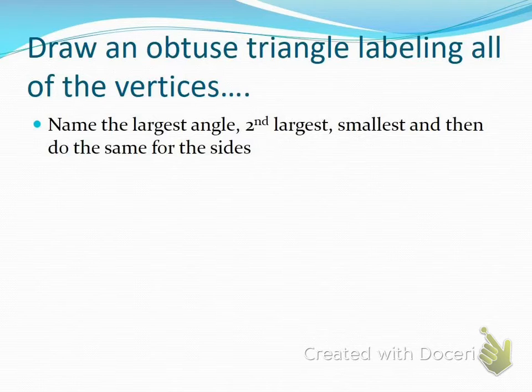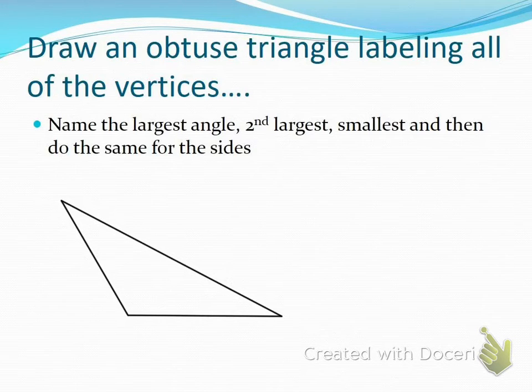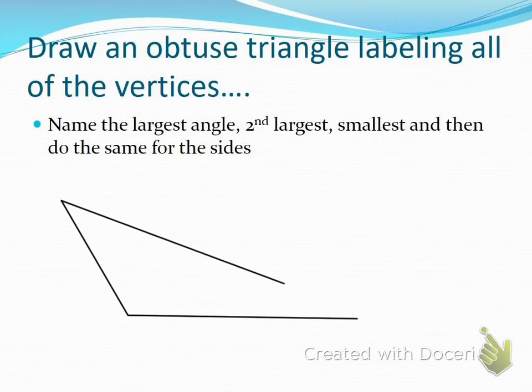So if you just want to start out with your obtuse angle, and then you just need to connect your sides. I don't know that I'm super happy with mine. I might do this a little bit differently. There we go. I like that better.